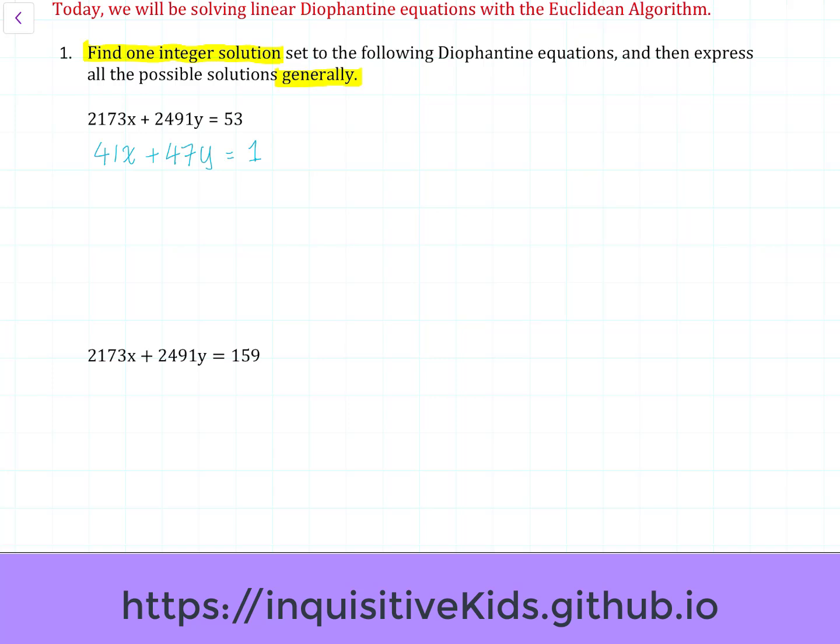And the next step is to check if there is a solution to this Diophantine equation. Sometimes Diophantine equations don't have any solution. So check for solution is our number 1 step.